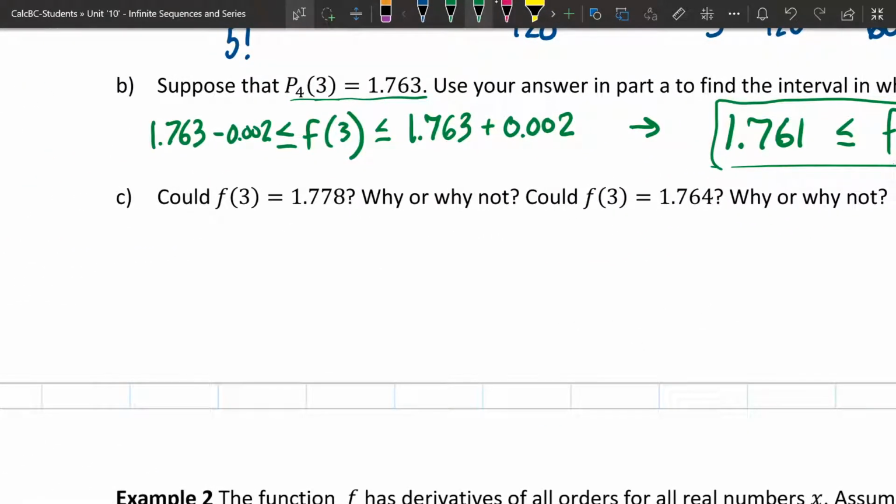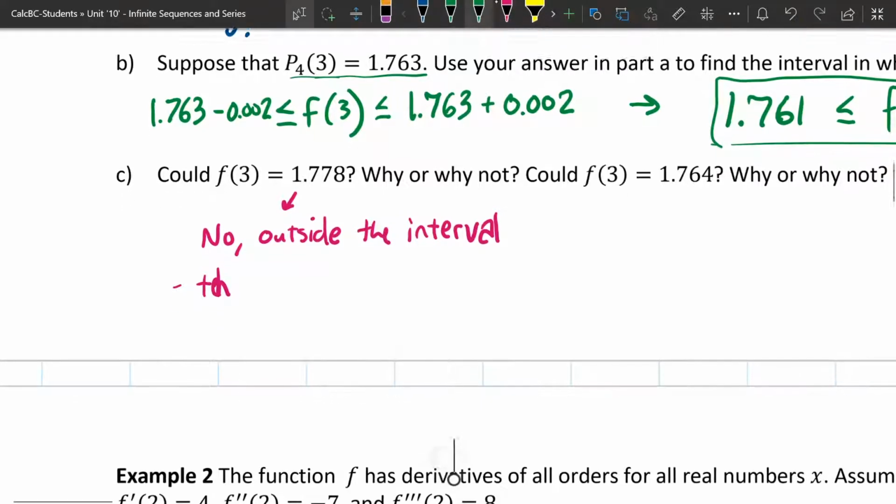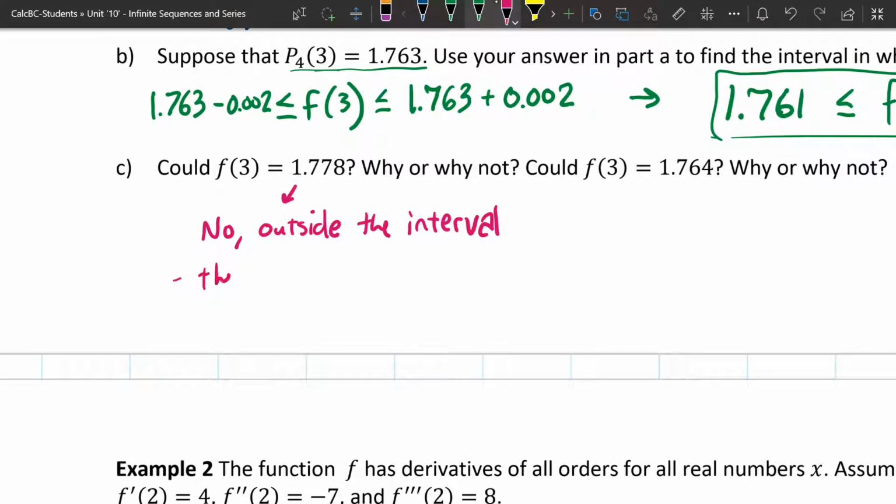So, no. That number is outside the interval. The error would be too large.